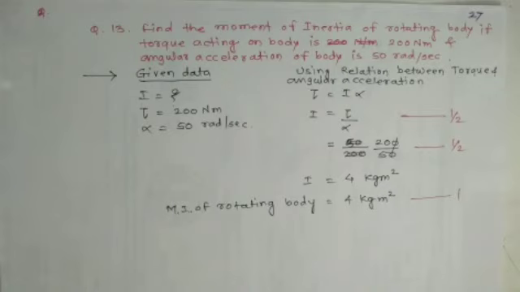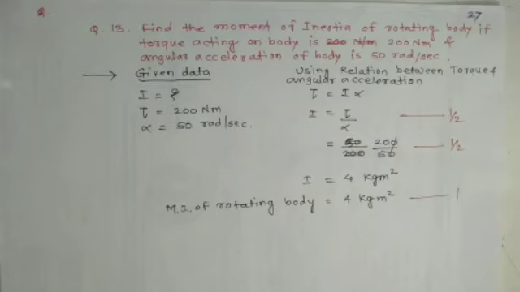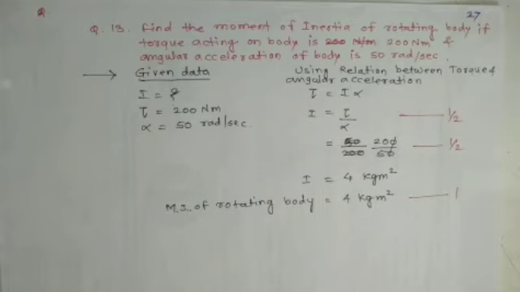Moment of inertia I equal to question mark, given torque tau equal to 200 Newton meter and angular acceleration alpha equal to 50 radian per second squared. Using the relation between torque and angular acceleration, torque tau equal to I alpha, therefore I equal to torque upon alpha. If we substitute the values, we get the moment of inertia of the rotating body equal to 4 kg meter square.